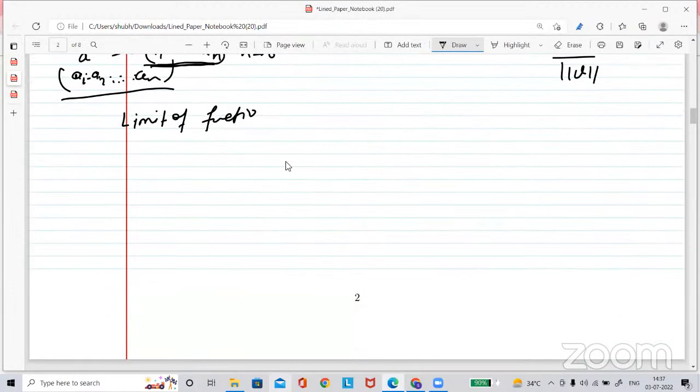So suppose we have a scalar valued function. Generally we talk about scalar valued functions. Let's say a function from Rn to R, and we want to check whether this function has a limit at a or not.